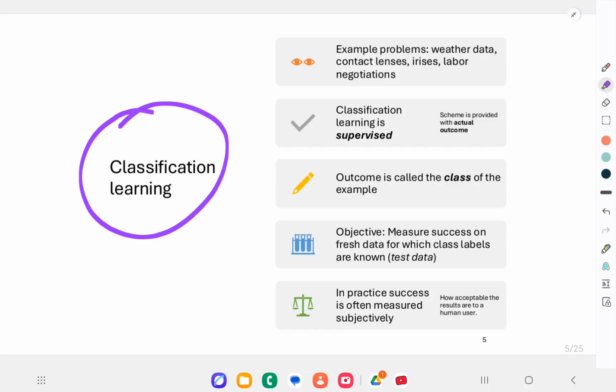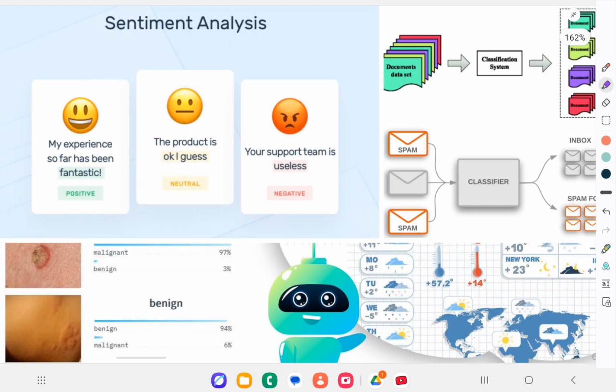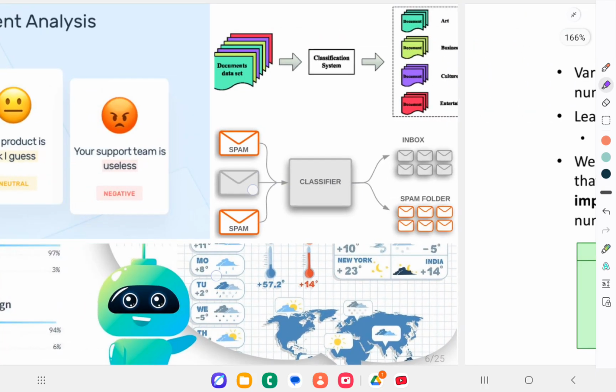So, for instance, if a classifier that detects fraudulent transactions may be 98% accurate overall, but it falsely flags a loyal customer, then this damages the trust, right? And this problem could outweigh the benefits of the accurate detection. These are some of the fielded applications of classification learning. You can use it, as we said, in medicine, weather forecasting, spam detection, and so on.